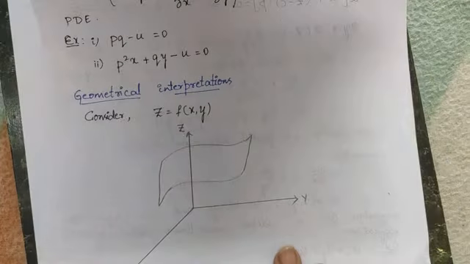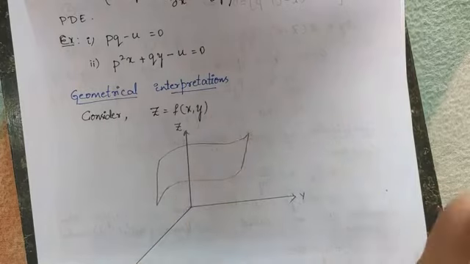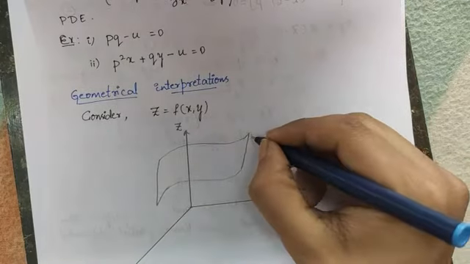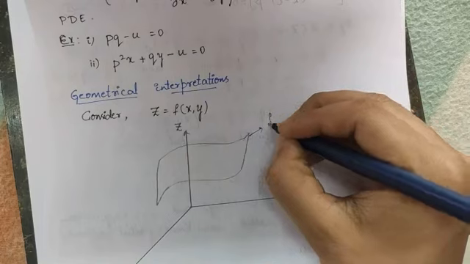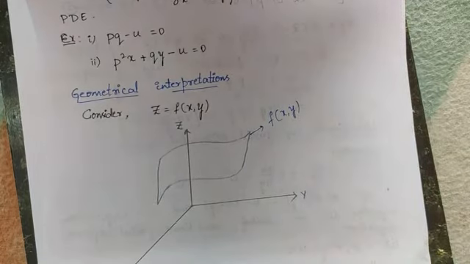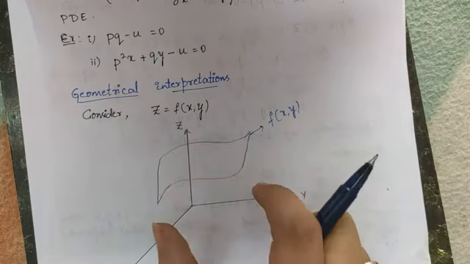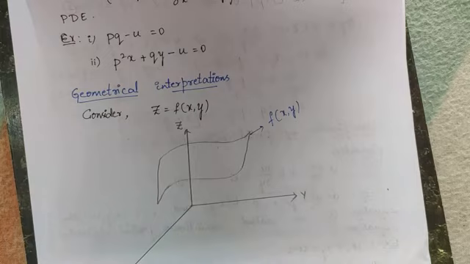Okay. Let us consider for this function, this is the graph I am obtaining. This curve is nothing but f of x comma y. So now for this graph I will consider a point, say x0 comma y0.